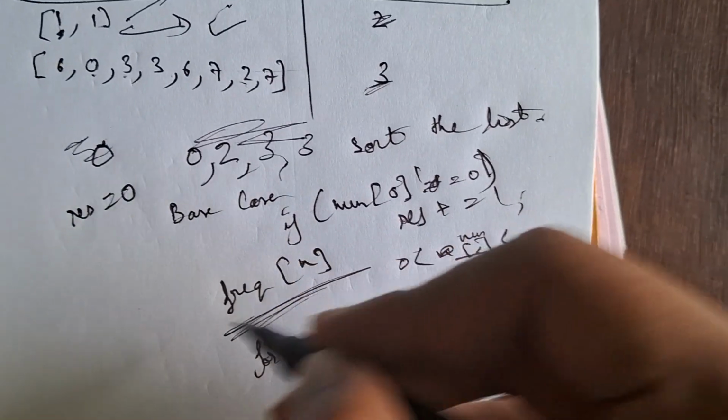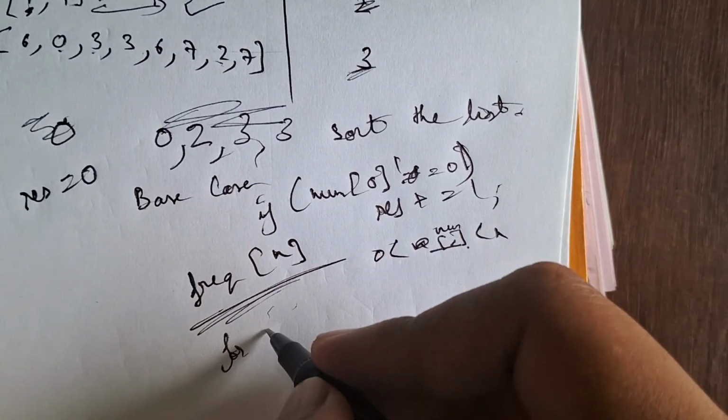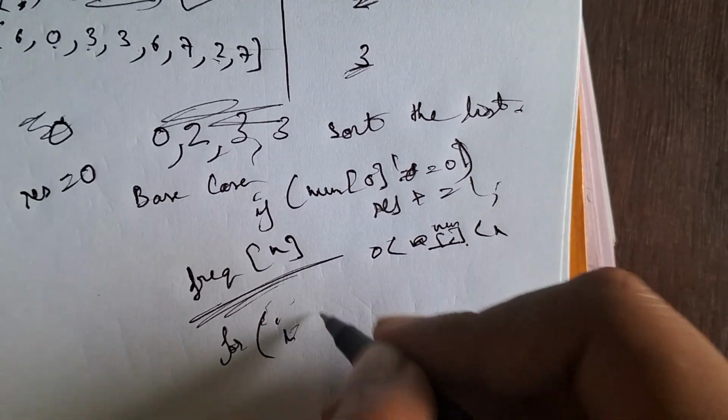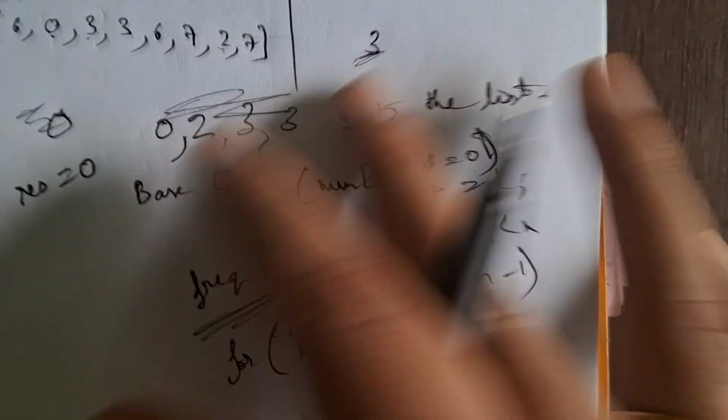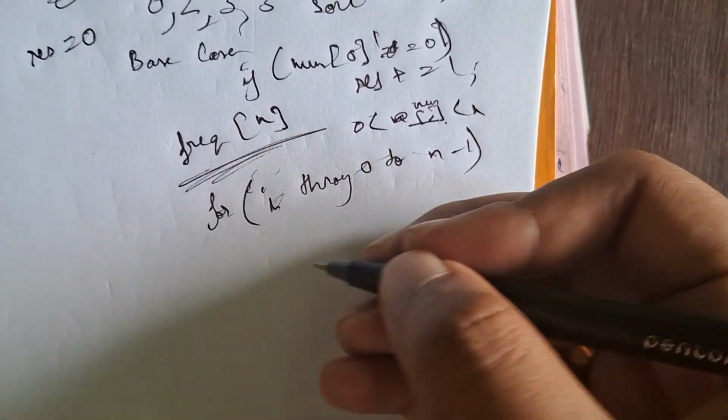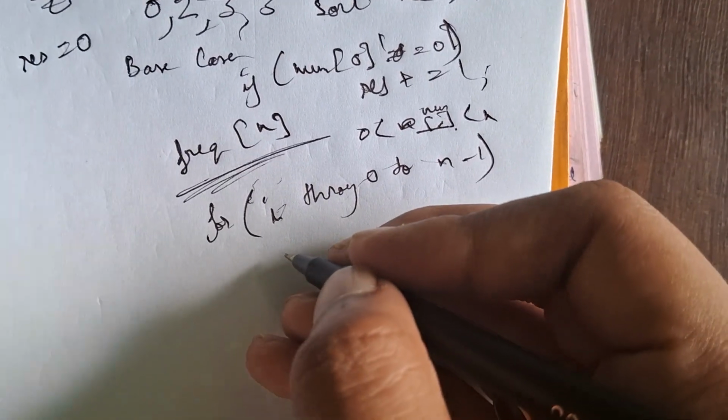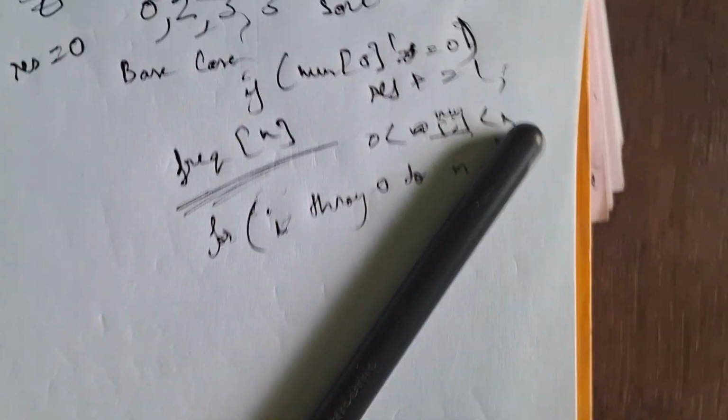So you can make a frequency array of this n and iterate. You know how to use the frequency thing. So what you can do is iterate i through 0 to n minus 1, and find the number of elements that are going to be in there.